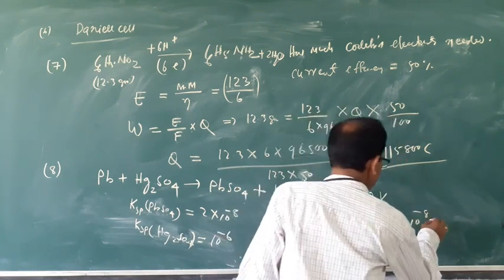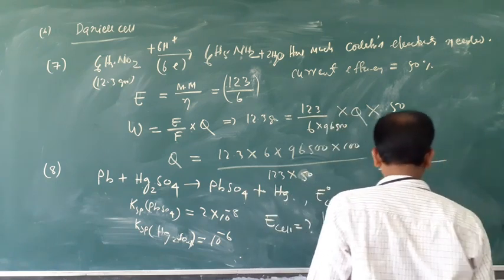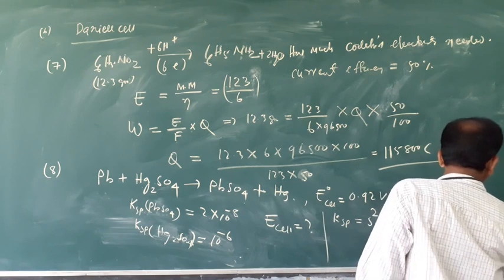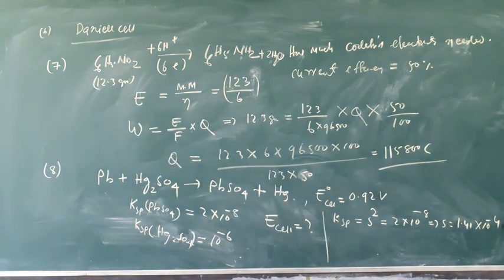What is the value of S? S is equal to 1.41 into 10 to the power minus 4, because of the square root. This is the S value.